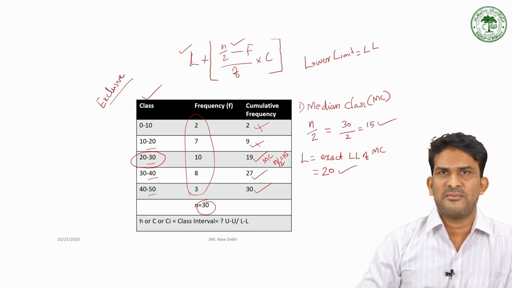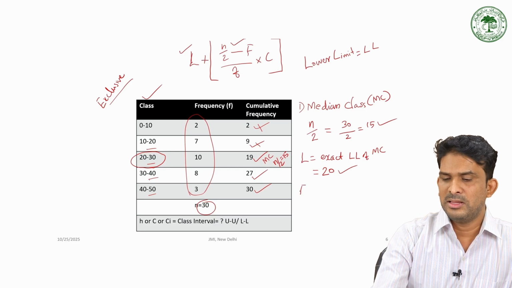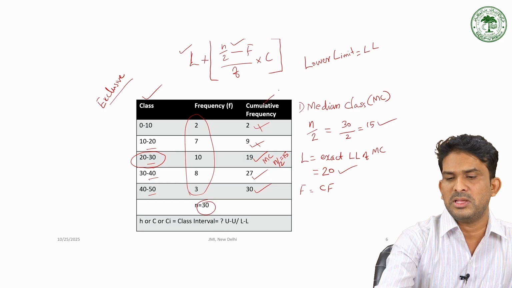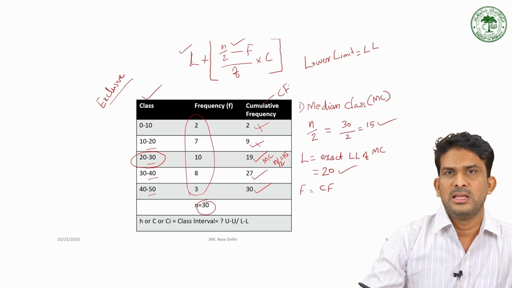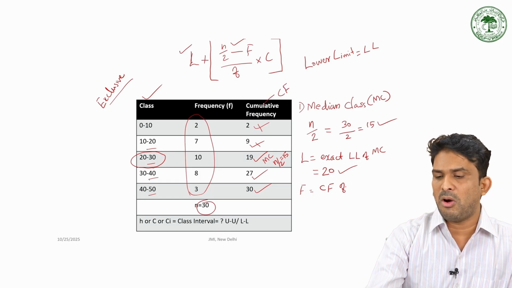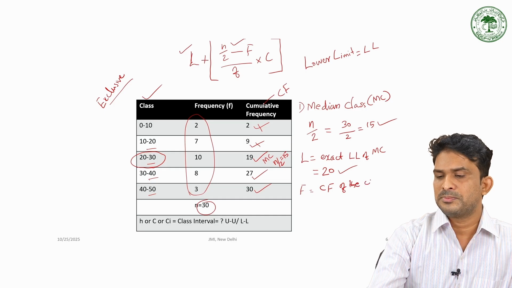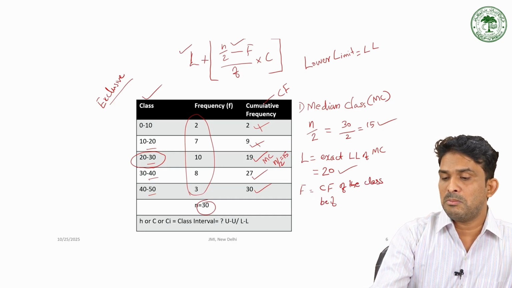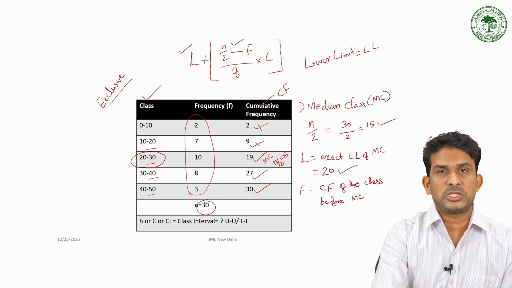What is F, capital F? Capital F is the cumulative frequency of the class preceding the median class, or before the median class. What is the median class? 20 to 30.